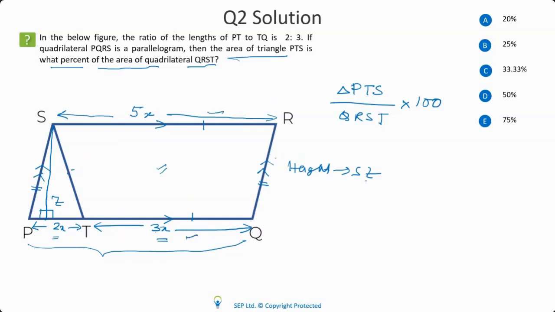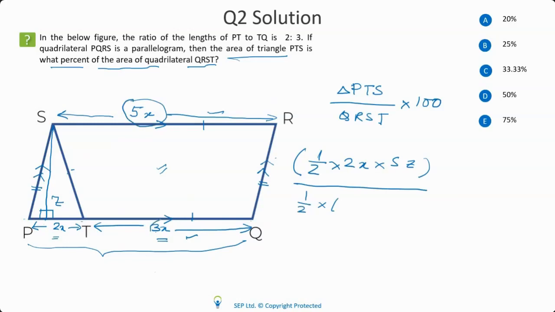So now that you've recognized it, notice how easy it is to solve the question. I'll simply write half. For a base, it is 2x for a triangle PTS. The height is, as I told you, I've written it as SZ. Divided by, for a trapezium, I told you the formula is half into sum of parallel sides, 5x plus 3x, which is 8x, into the perpendicular distance.